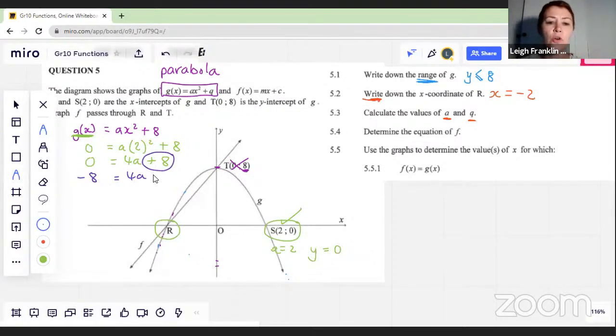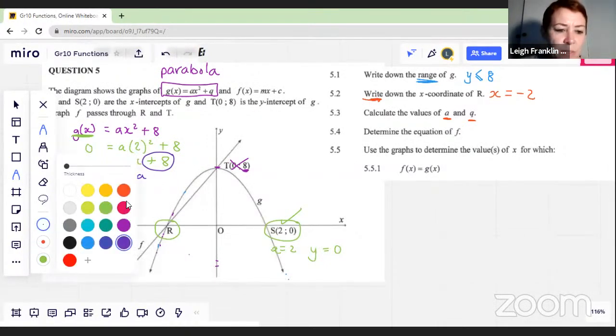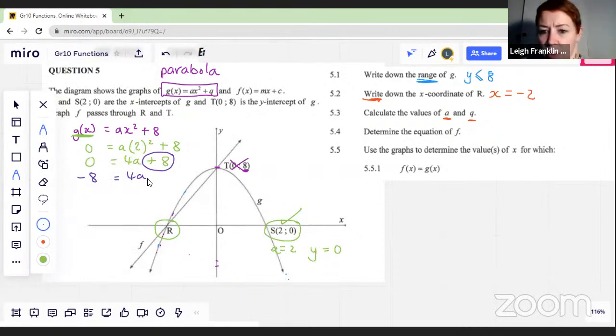And now, those of you that told me -2, perfect. What are we going to divide both sides by, grade 10s? We've got to divide by what's in front of the a. So we're going to divide this side by 4 and that side by 4. And that means a will be equal to -2.